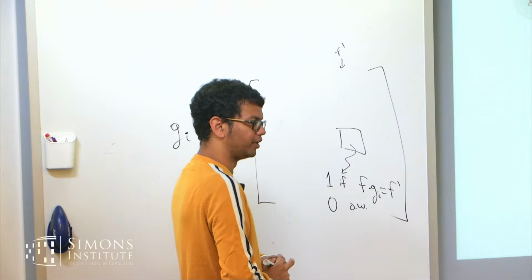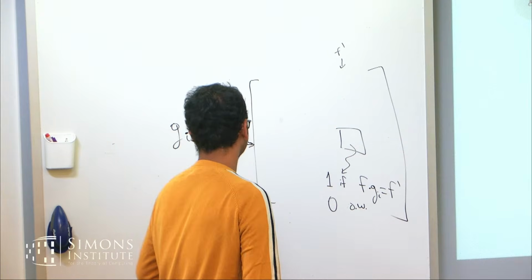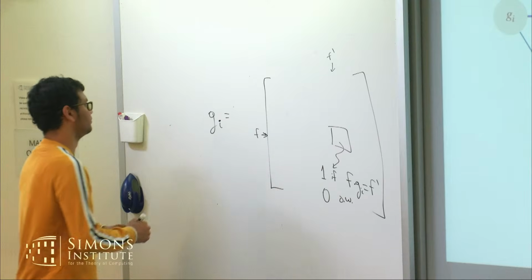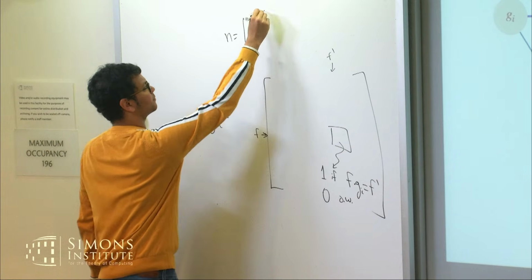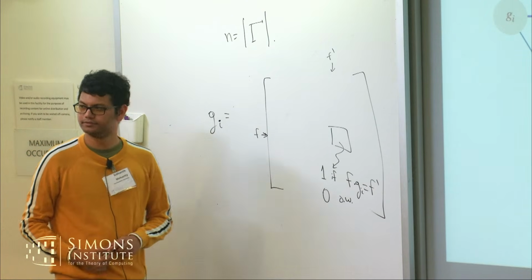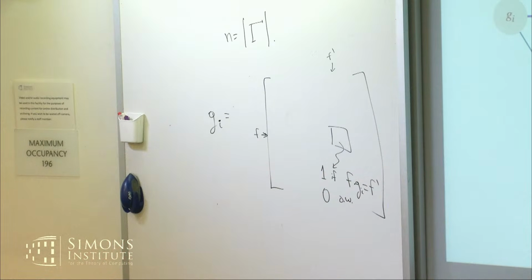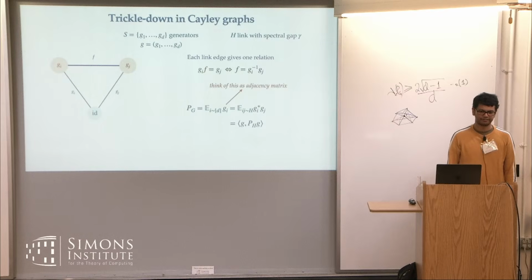And it's going to be 0 otherwise. Sorry, what is n here? What is the dimension? It's the size of the group. So n is equal to the number of elements in the group. So it's just a permutation matrix.